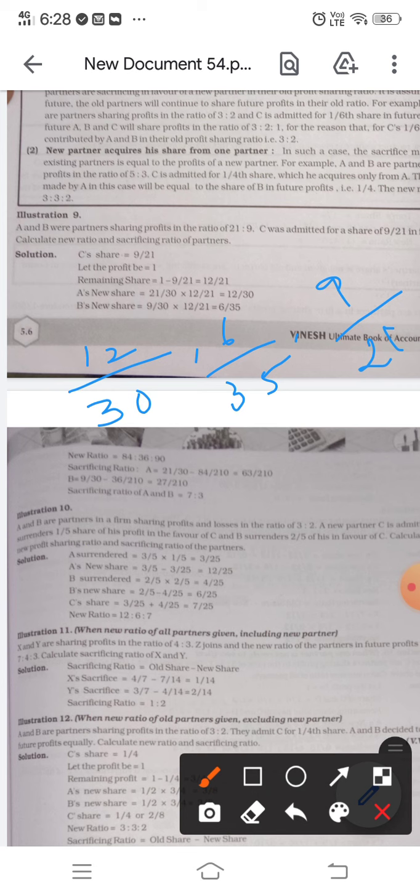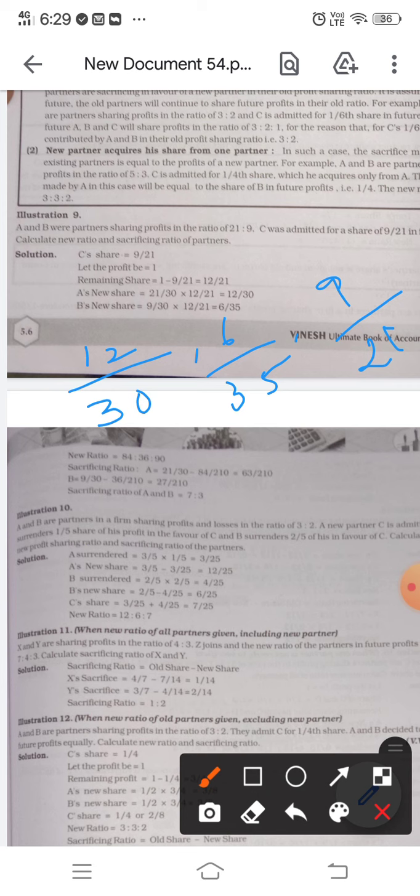Okay. So see that sacrificing ratio for A. What is the formula? That is old. What is the old? 21 by 30. Okay. Minus 84 by.